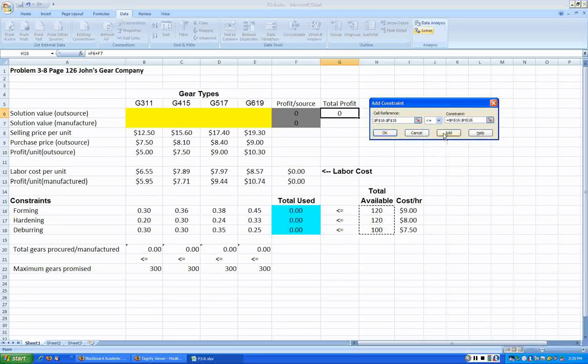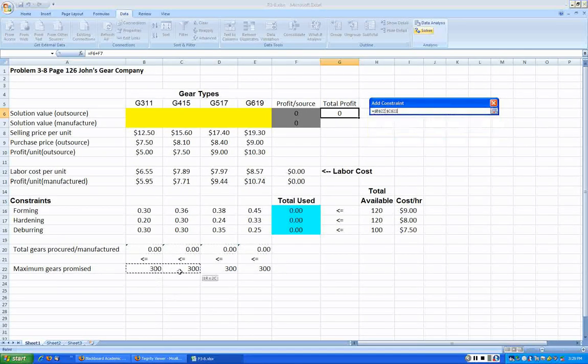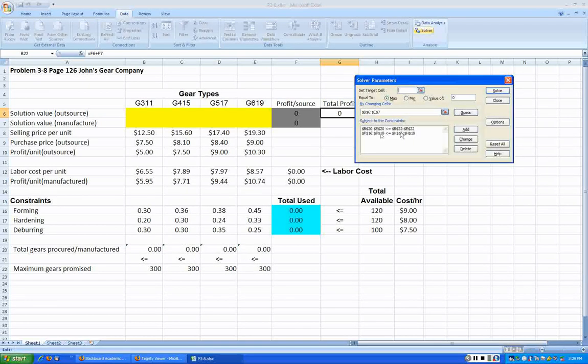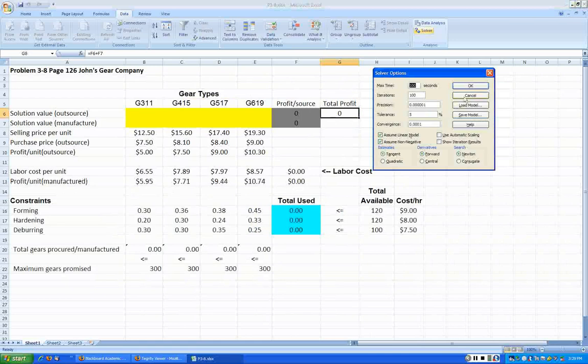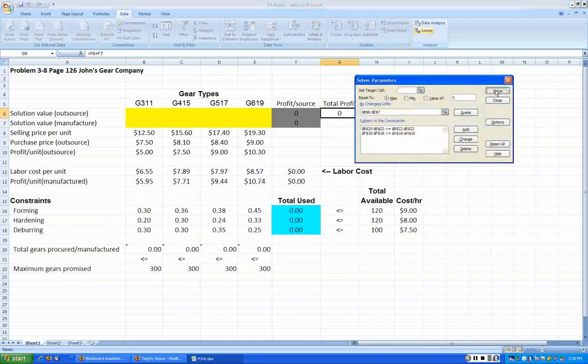Another constraint is the number of gears procured and manufactured. That combination should be less than or equal to the maximum promised. There we have. Click OK. Options. Check these two boxes, linear and non-negative. Click OK and solve the problem.